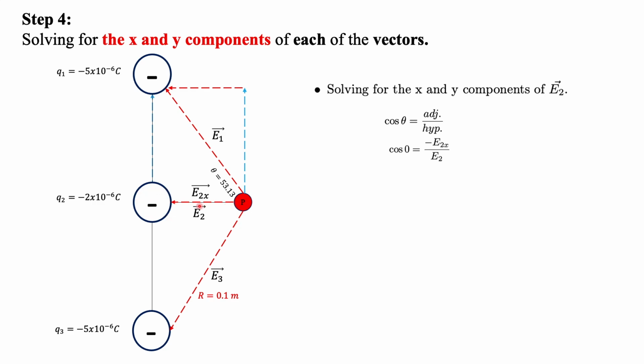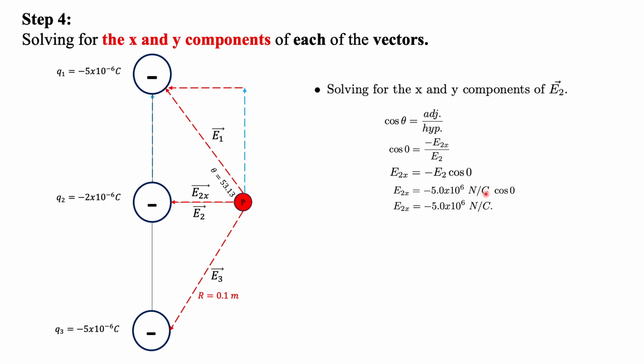So the angle is 0 between them. So the cosine of 0 is just equal to negative E2x over E2. Rearranging that, I end up with E2x is equal to negative of the magnitude E2 cosine of 0, and we know that the cosine of 0 is just 1. So E2x will have the negative value, negative 5.0 times 10 to the 6 newtons per coulomb.